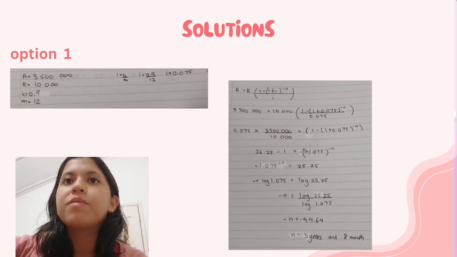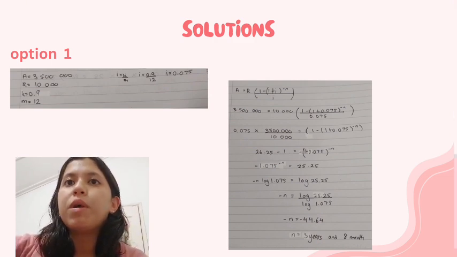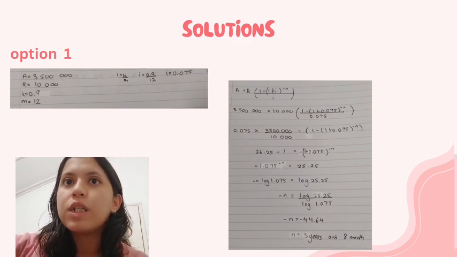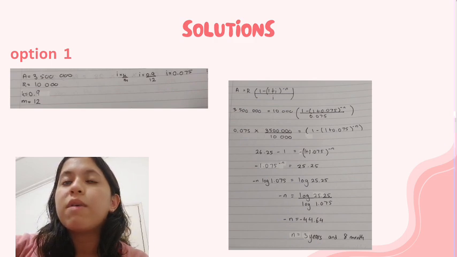Now, we need to rearrange the formula since we need to find the value of the power of negative n. So, we bring 0.075 to the other side.